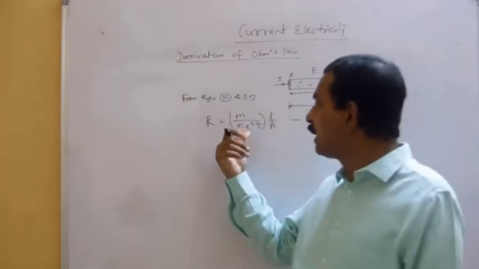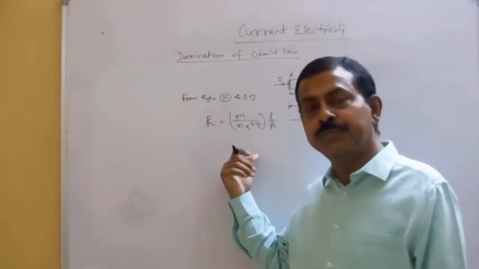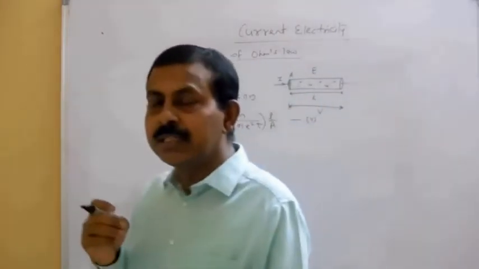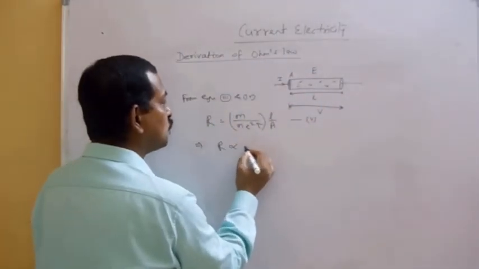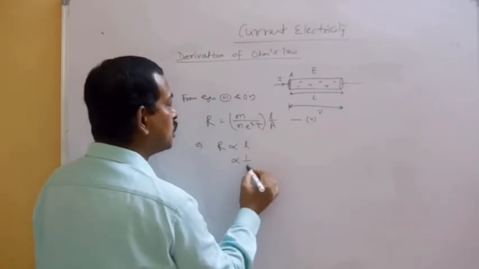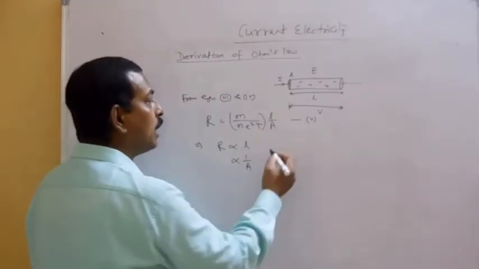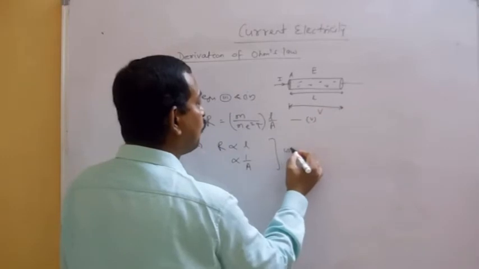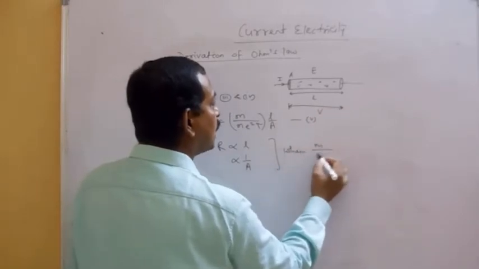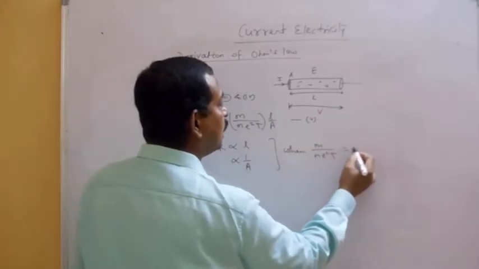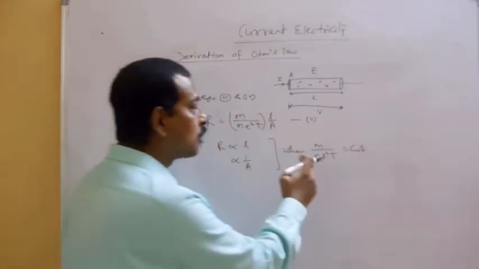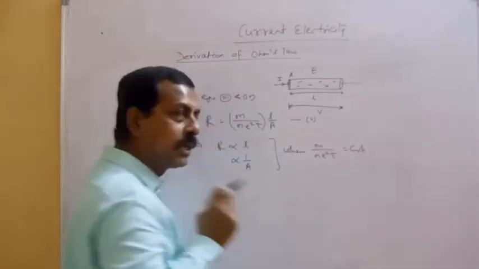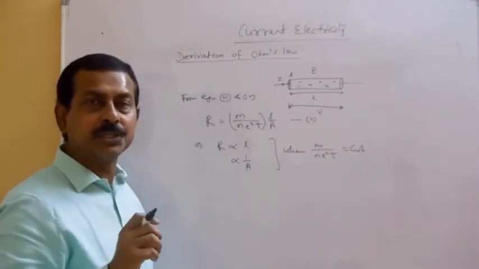So if m/ne² tau is constant, then we can say that R is proportional to L and inversely proportional to A, when m/ne² tau is constant. And it is constant for a given material at a particular temperature.